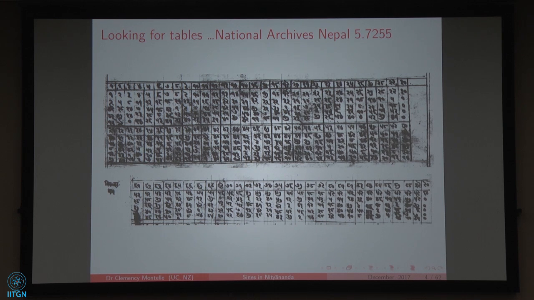We can see we start up here, counting in Nagari numerals, should be familiar to most of you, 1, 2, 3, 4, it's a little smudgy, this manuscript, 5, 6, 7, 8, 9, 10, and so forth and so on. We get up to 30 at the end, we slip down.